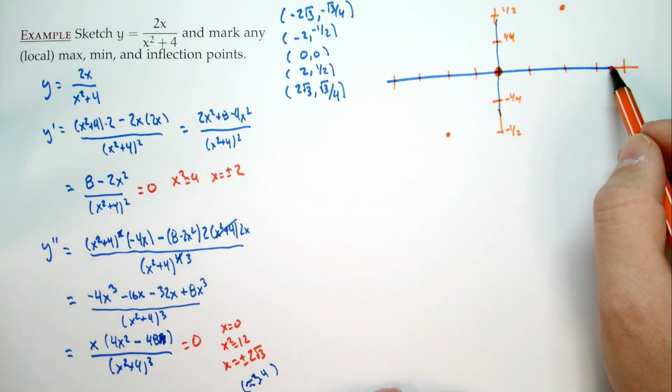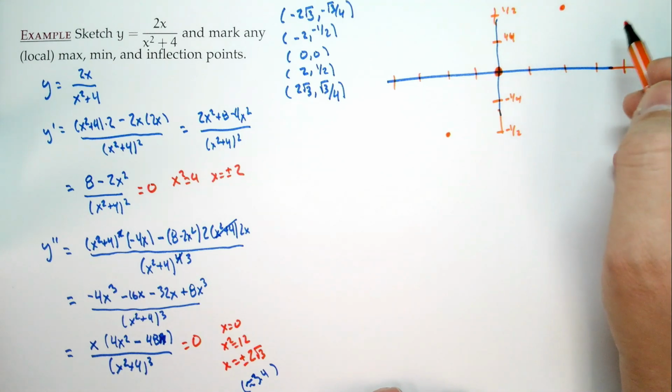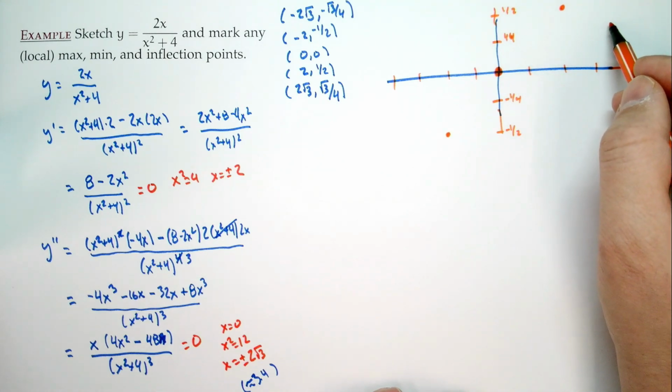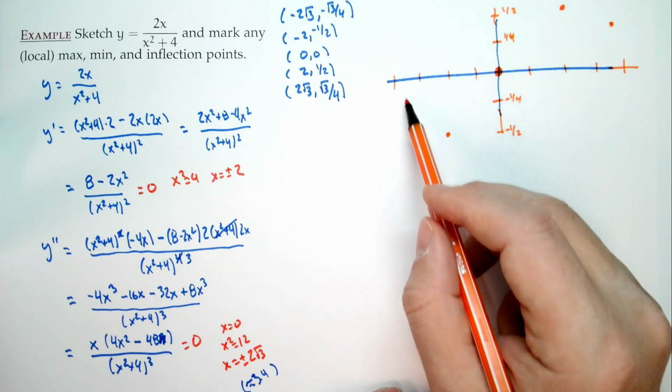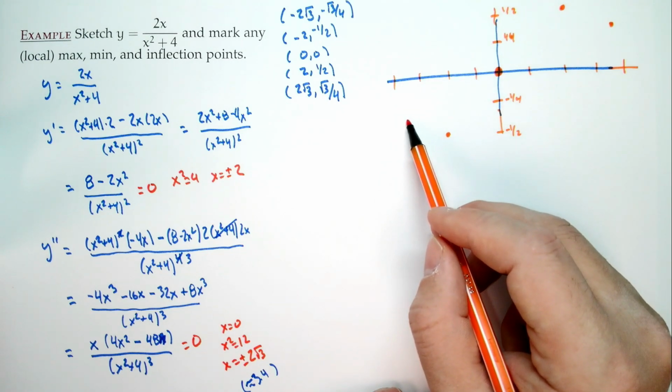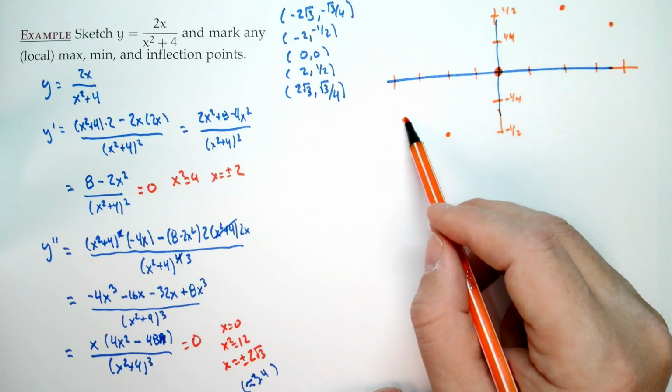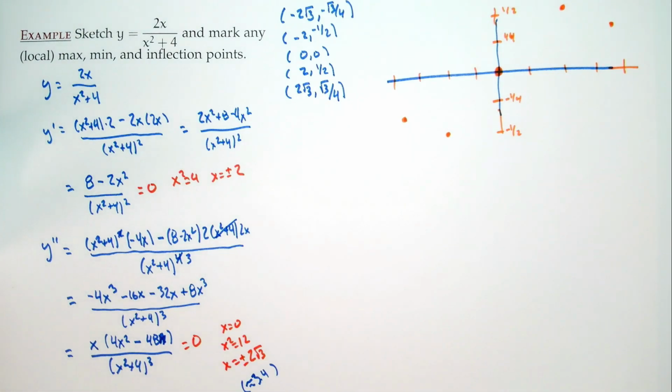Root 3 over 4 is a little bit less than 1/2, not quite 1/4, so we'll say it's roughly here. By symmetry, that'd be this one, roughly right about here. There we go. So there are the interesting points.